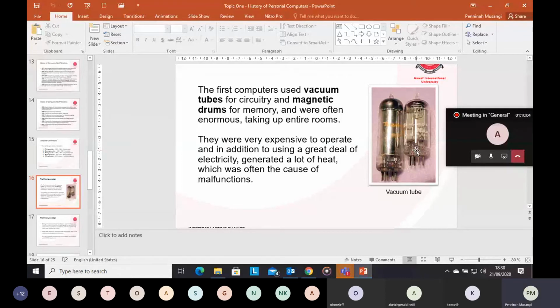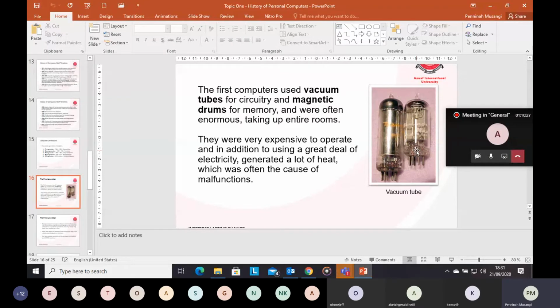Because of using the vacuum tubes and the magnetic drum, these first computers in the first generation were very enormous. They were very huge, and that made them take an entire room, like what I said.